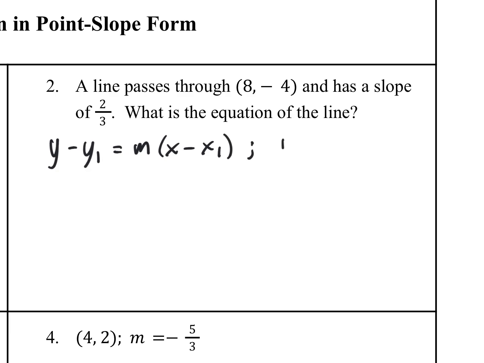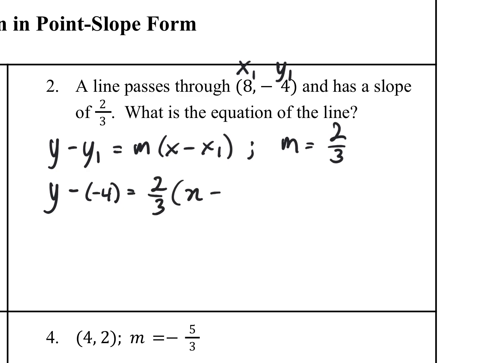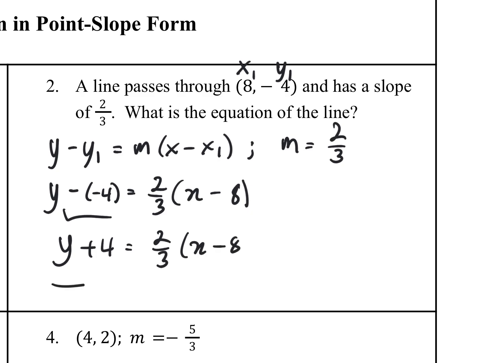Our slope is 2 over 3. Substituting everything, y minus negative 4 is equal to 2 over 3 times (x minus 8). Simplifying, y plus 4 is equal to 2 over 3 times (x minus 8). This is our point-slope form equation.